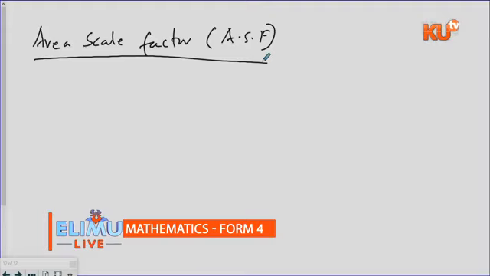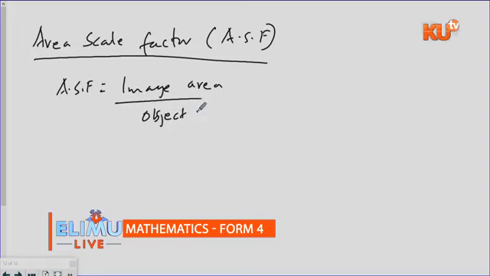So in this case, we have to connect between the object area and the image area. Remember, in your form 2, area scale factor was given by the area of the image over the object area. That is the relation that we used in form 2 under similarities and enlargement.